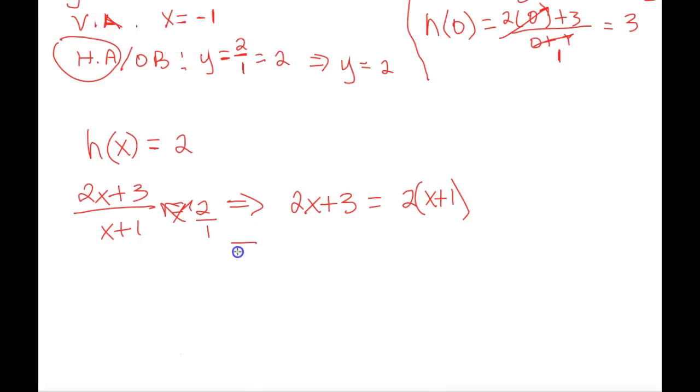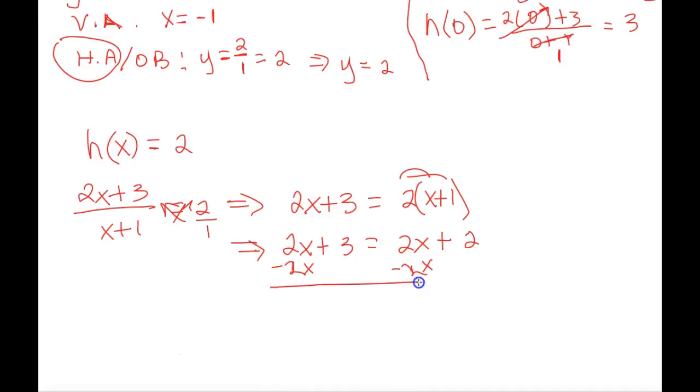From there, we distribute the 2, so that'll be 2x plus 2. And of course, by subtracting both sides by 2x, we see that the x's go away, and now we have 3 equals 2, which implies no solution. And thus, we know that the function h of x does not cross the horizontal asymptote at any time.